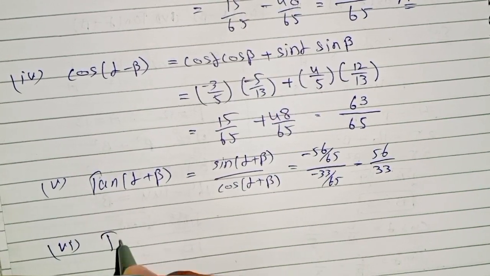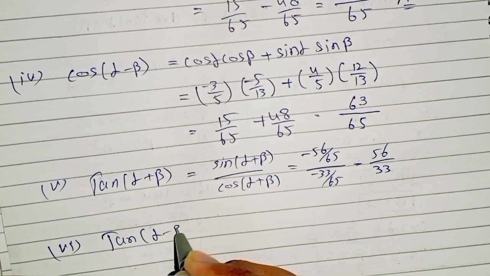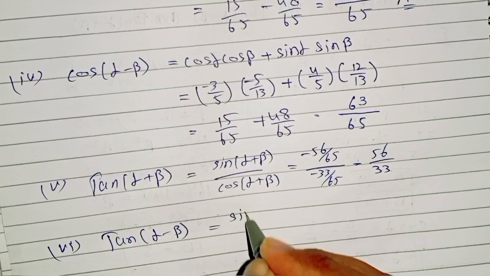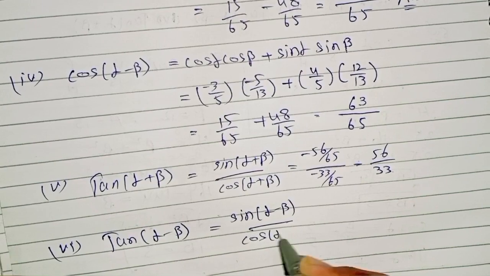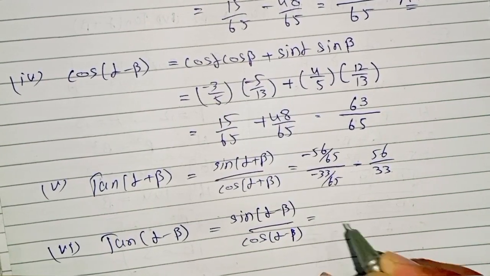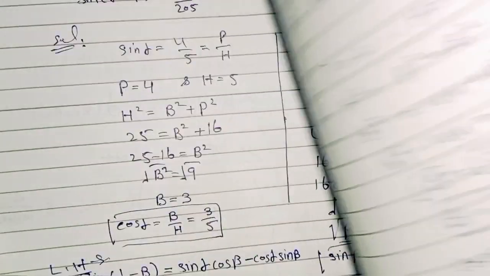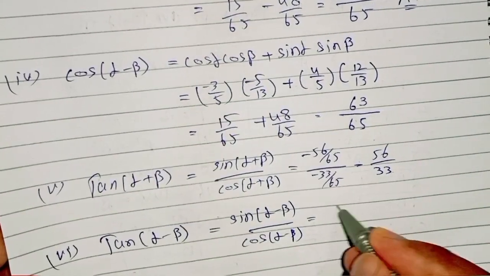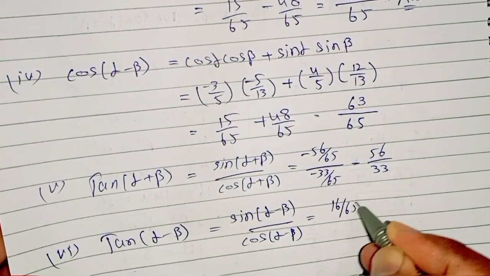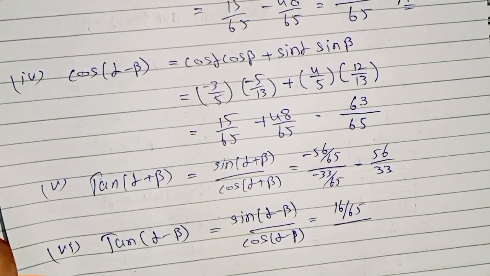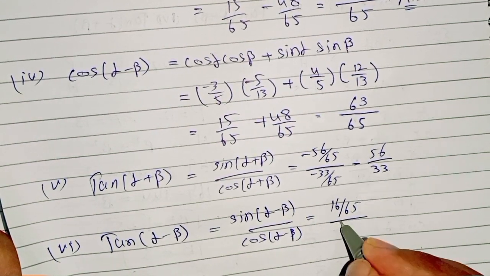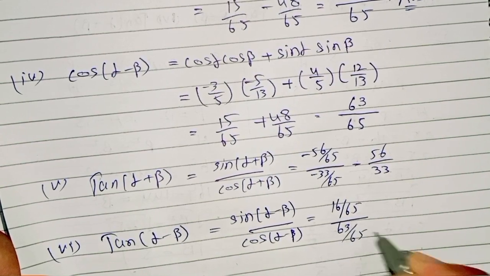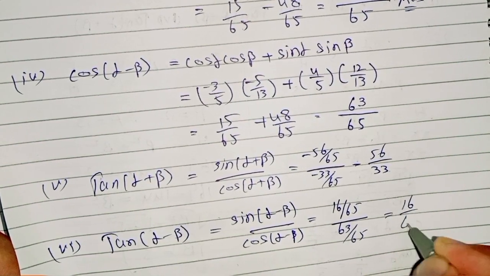Part number 6, tan of alpha minus beta similarly is equal to sine of alpha minus beta over cos of alpha minus beta. We know that the value of sine of alpha minus beta is 16 over 65 and cos of alpha minus beta is 63 over 65. So we have 16 over 63.